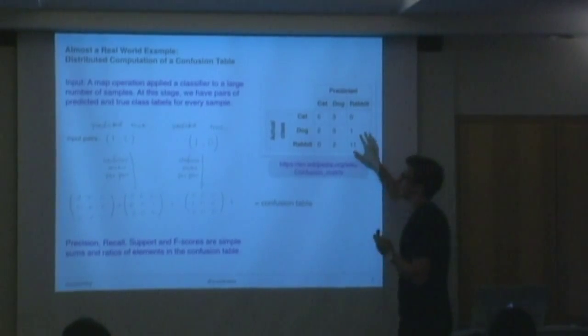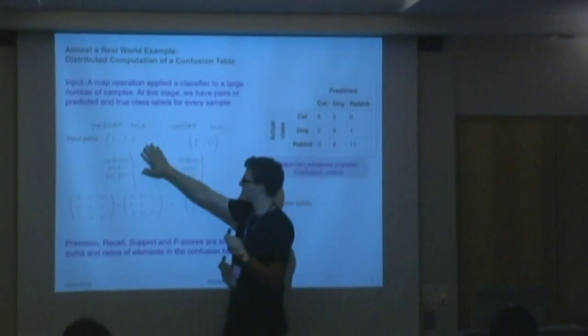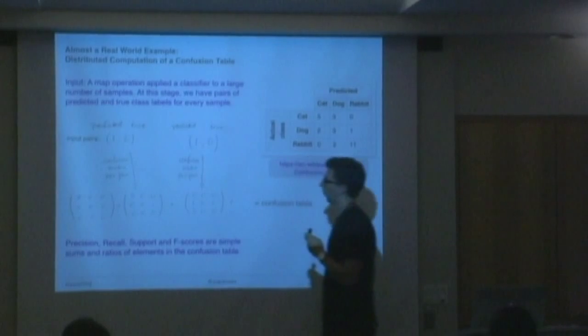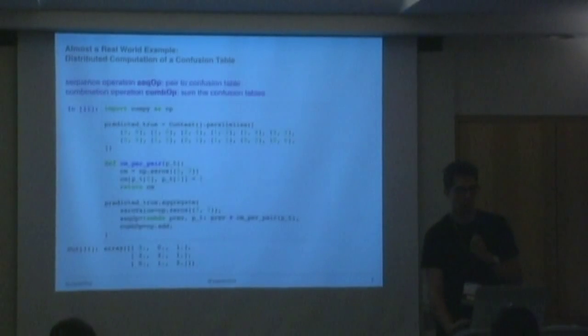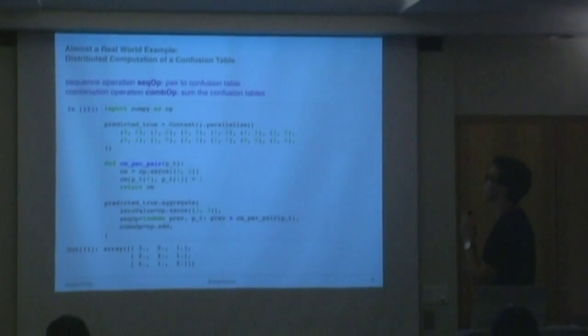So for just this one record, this is what this table would look like. Once you have this table, you can derive all your standard performance measures, precision, recall, support, and F-score just from this table. The table is very small, but to apply this and get it from a data set is very large.